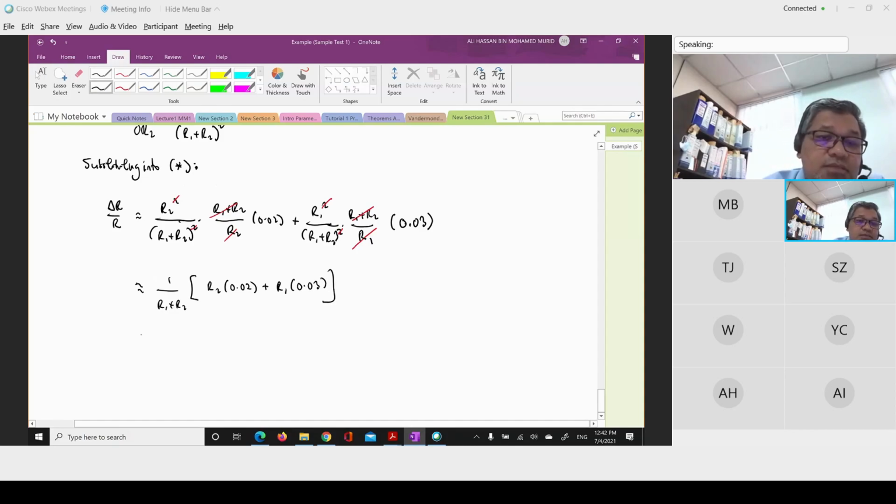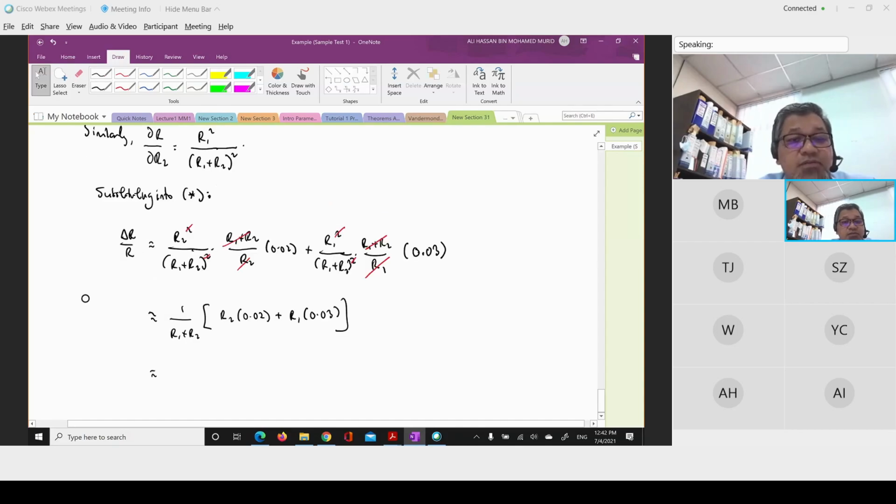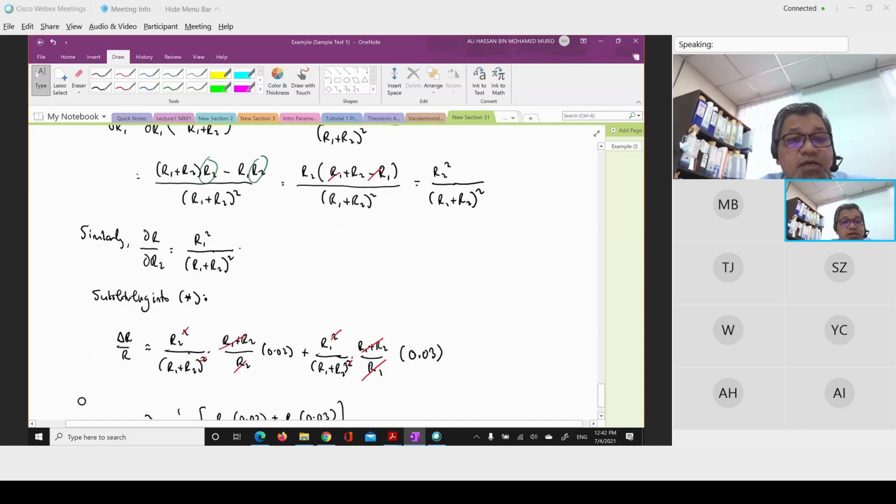0.03. Okay. Now the next step is to substitute the values of the given R1 and R2.